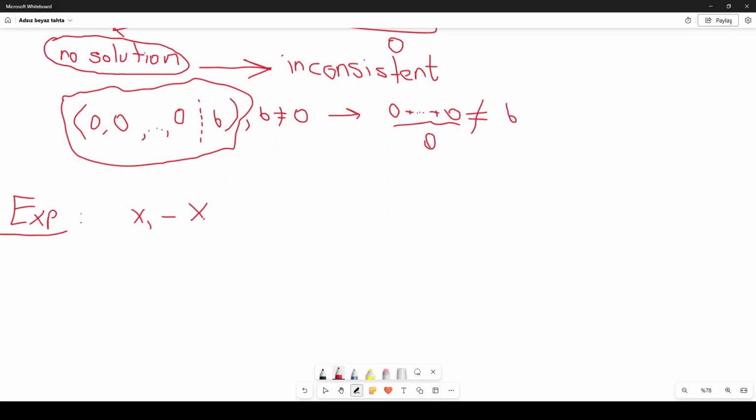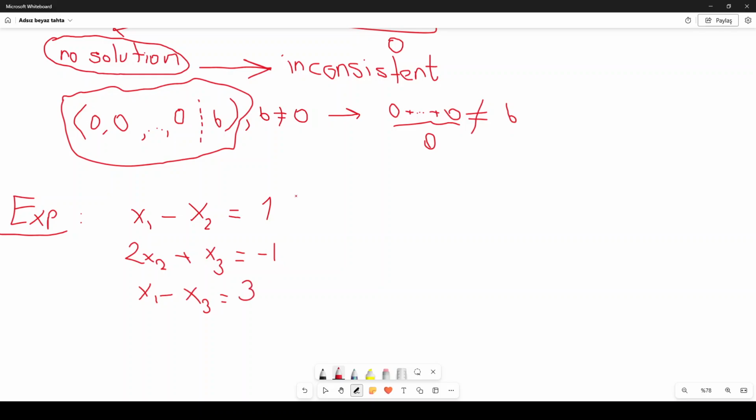Say x1 minus x2 is equal to 1, and 2x2 plus x3, I should have written x3, is equal to minus 1, and then x1 minus x3 is equal to 3.